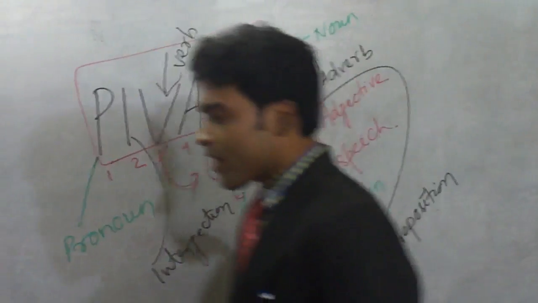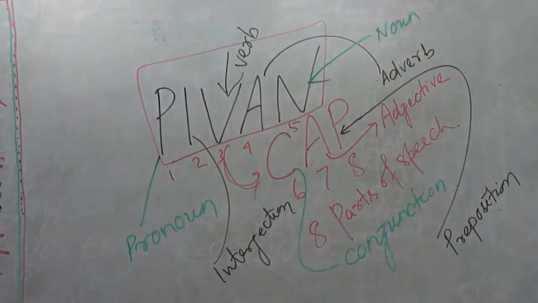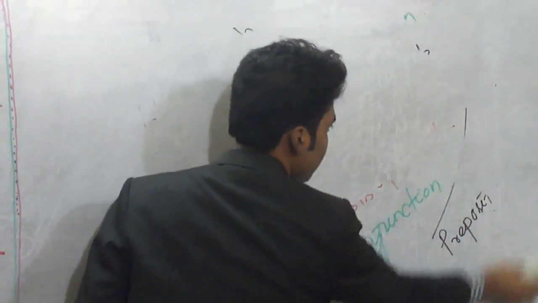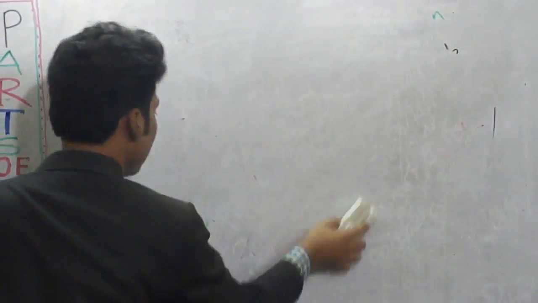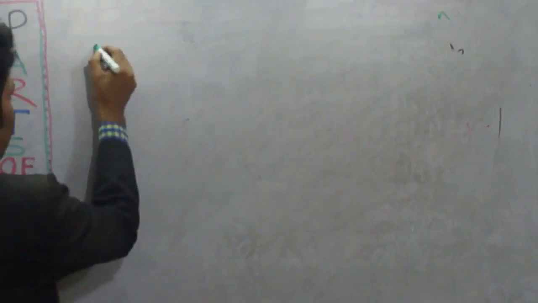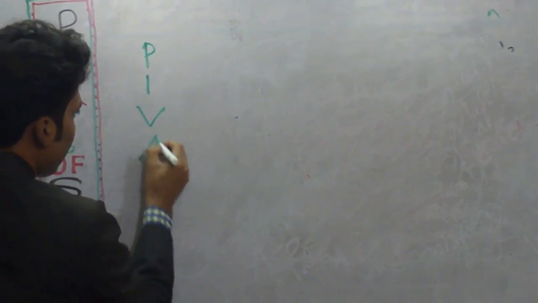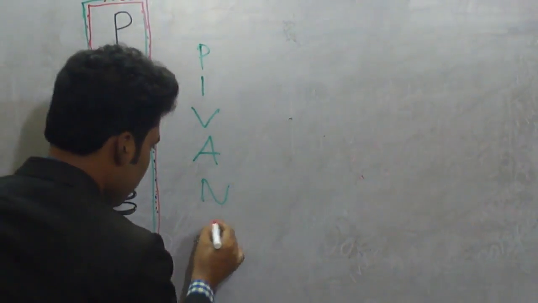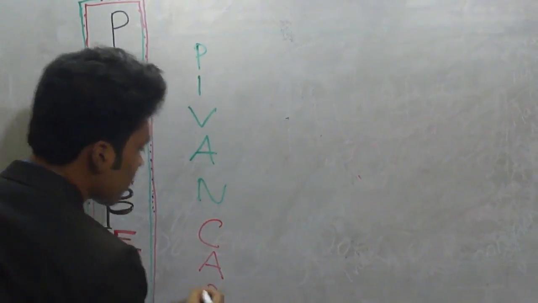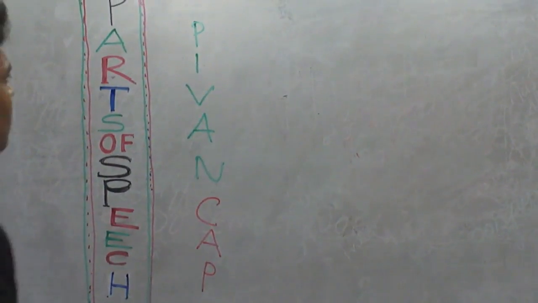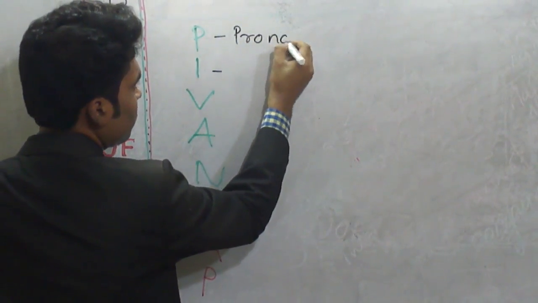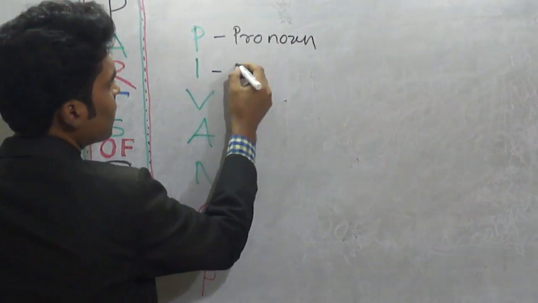If I discuss from this point, what is P, what is I, what is V, all this, you will come to know about those parts of speech. So Pivan, I have to write P-I-V-A-N, and cap is here. What is this P? Pronoun. What is this I?